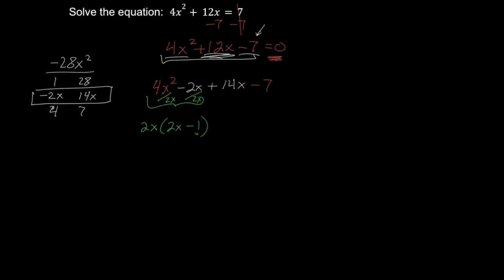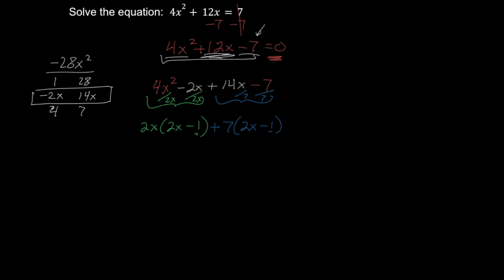In the second grouping, what goes into both terms? Well, it looks like 7 goes into both 14 and 7. Leading coefficient is positive, so plus 7, and there's no variable in both, so just 7. So 14 divided by 7 is 2, so 2x, and then negative 7 divided by 7 is negative 1.